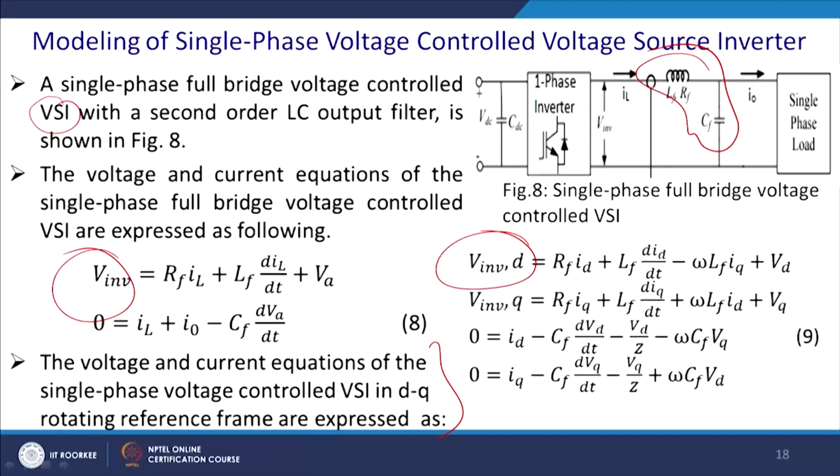Similarly, for the Q domain, Vinv q equals RF IQ plus LF dIQ/dt plus omega LF ID plus VQ, and similarly this current will be transformed to ID and IQ. Thus, you can control the flow of current ID and IQ depending on the requirement.